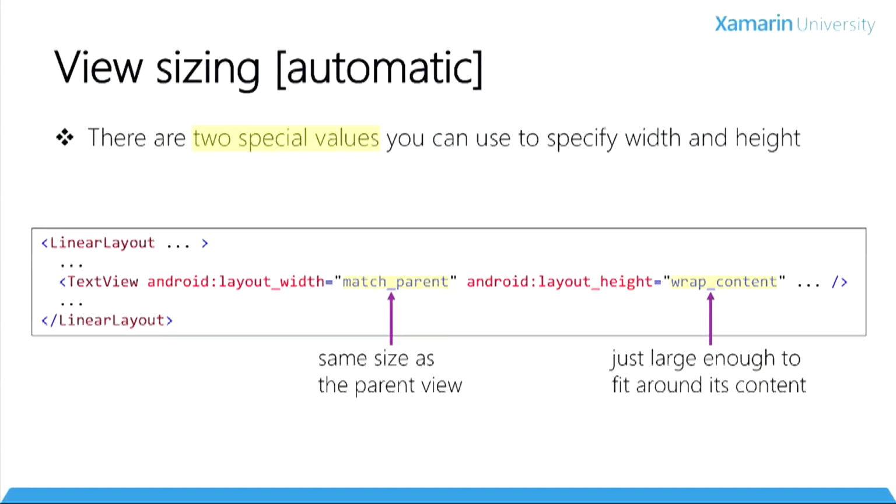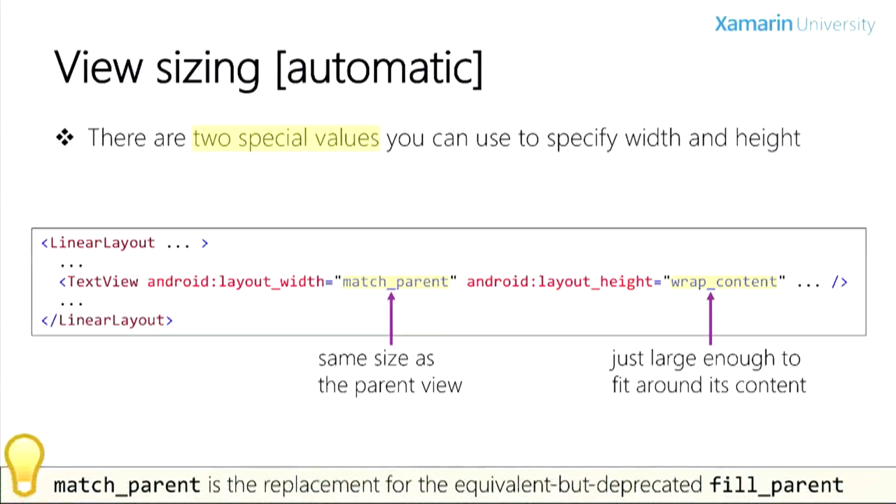Match parent means make myself, in this case the text view, the same width as its parent. And in this case the parent is this linear layout right here. The other special value, wrap content, means, in this case, make this just high enough to fit around the text that it's displaying. So these two, match parent and wrap content, are extremely common. You'll see these a lot in width and height settings.